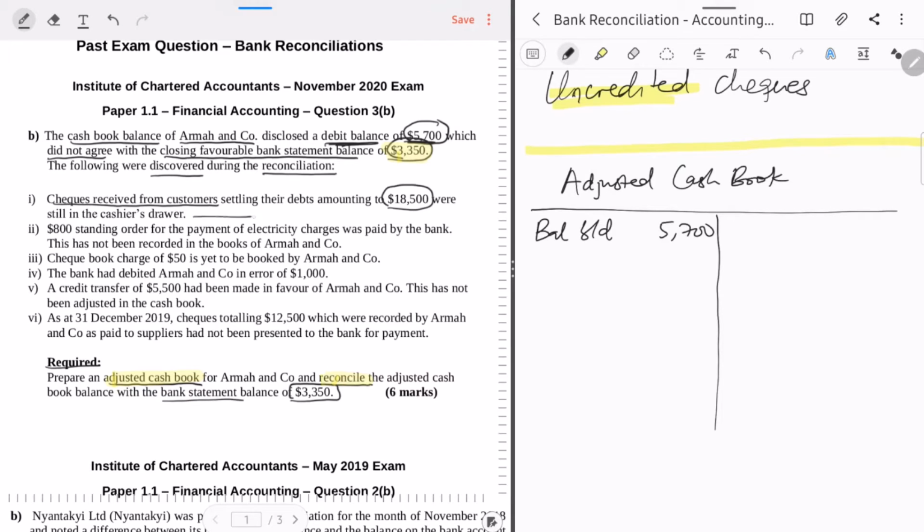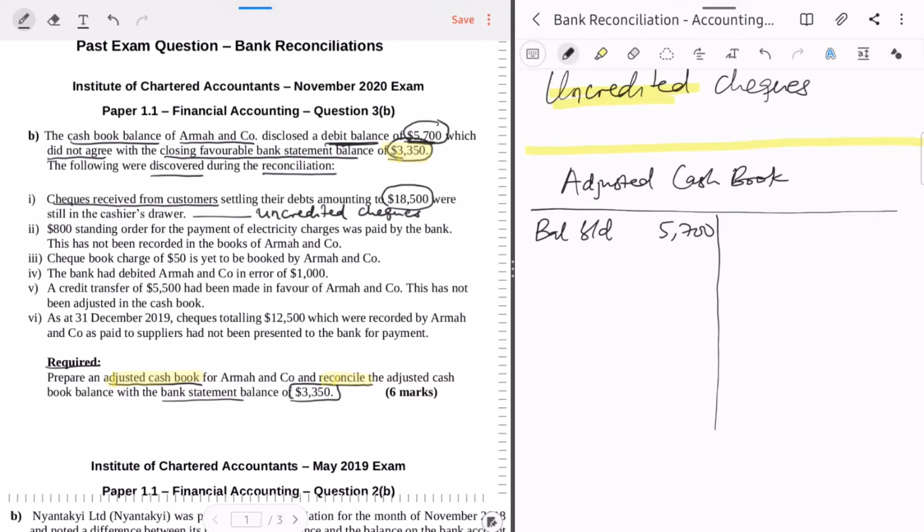Because of this, these checks have not been credited by the bank, so we call this what? Uncredited checks. Agreed? Customers have paid us by a check, 18,500. The cashier has not yet deposited it at the bank. So even though we have it and we have debited our account, the bank has not even seen the check in the first place to recognize this amount as a credit in our books from the bank perspective. So this is an uncredited check. It will go to the bank reconciliation statement, which I'll show you shortly.